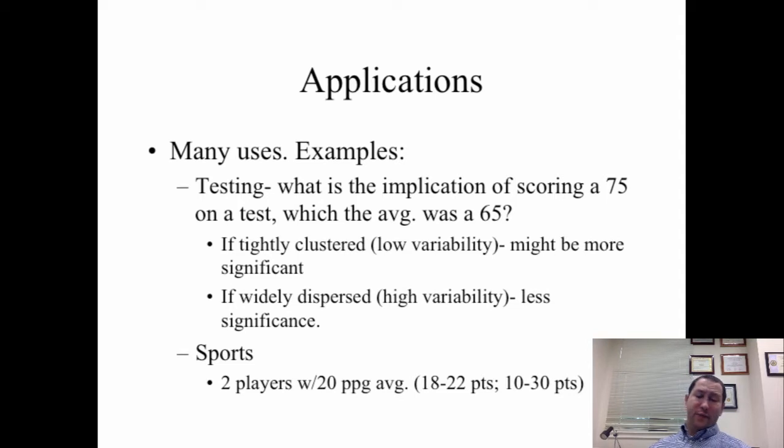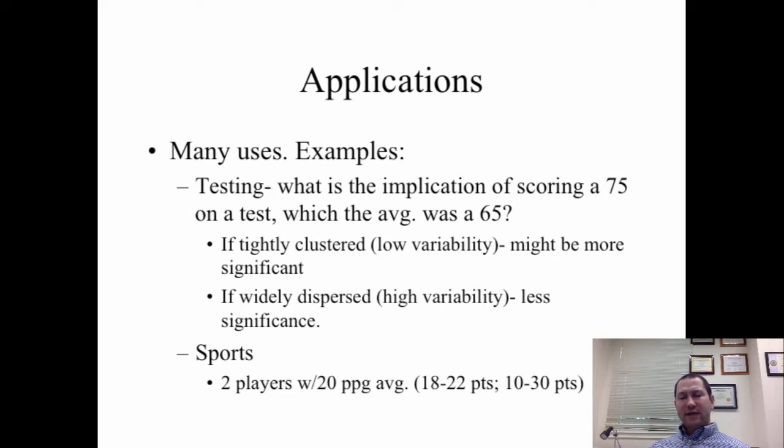Now, another example would be in sports. If you have two basketball players and they average 20 points, are the two players the same? The answer is no, because one player might have a range between 18 and 22, and the other player might have a range between 10 and 30 points.